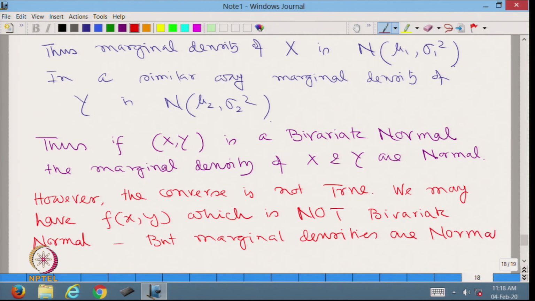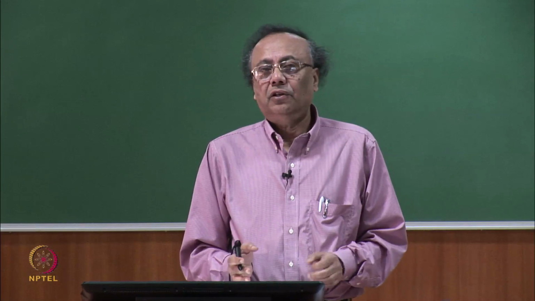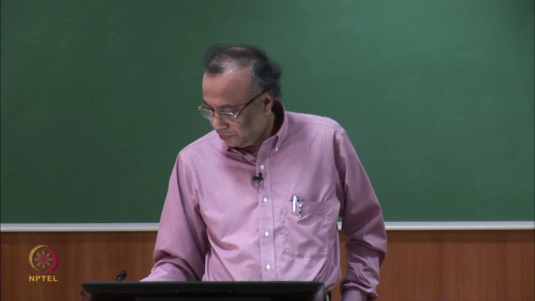So, this is a very important concept, that from bivariate normal we can get marginals to be normal, but it does not mean that whenever the two marginals are normal, the joint distribution is going to be bivariate normal. So, you need to remember that.